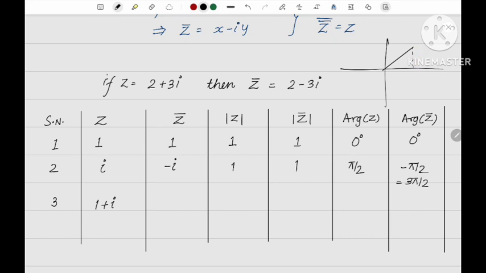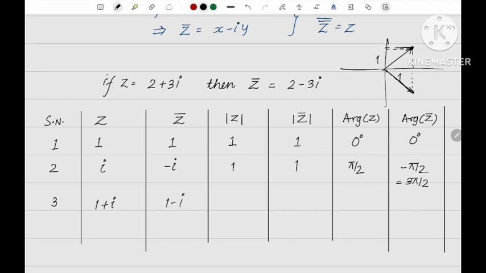This is 1, this is 1, 1 plus i. So what is the conjugate? The conjugate is the mirror image of this with respect to the real axis. Of course you can get it by replacing i by minus i. So the conjugate is 1 minus i.